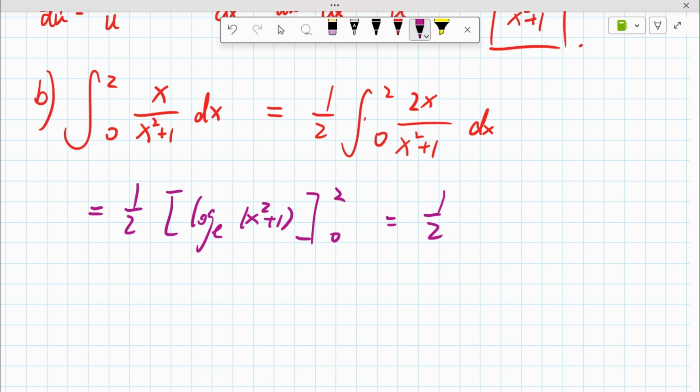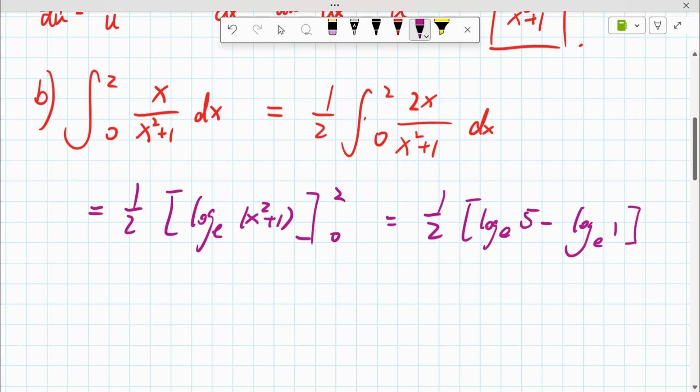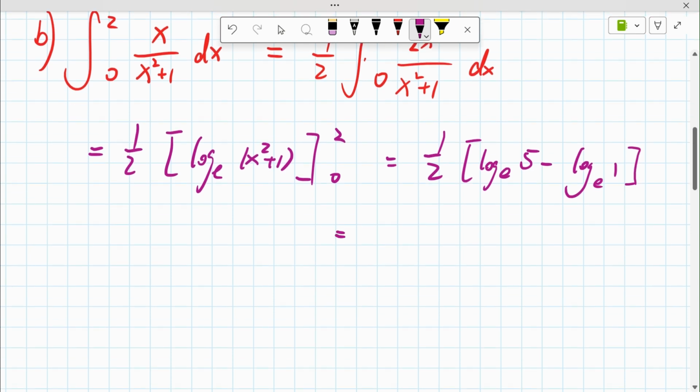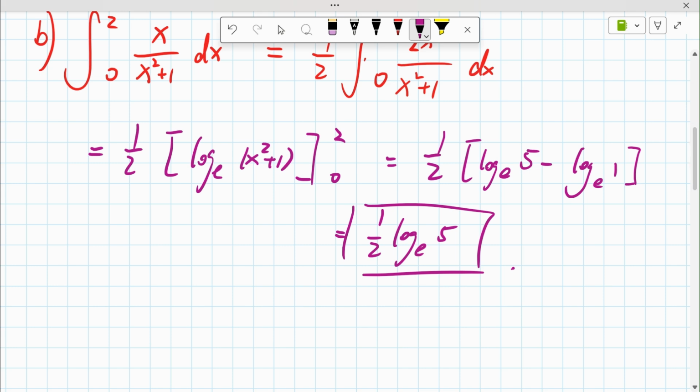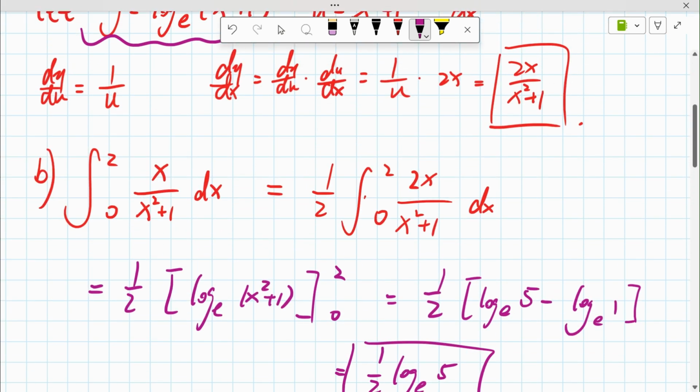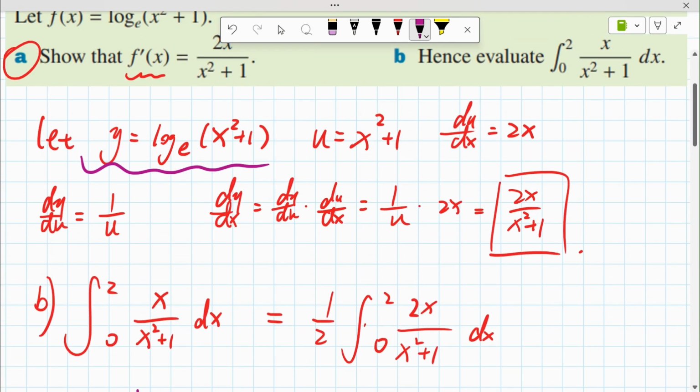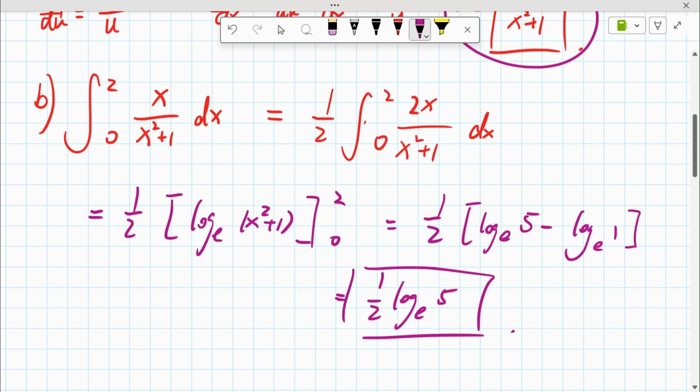So we do log e 5 minus log e 1. Log e 1 equals 0, which means half log e 5 is your final solution. So remember we're using the connection between those two parts in your question B.